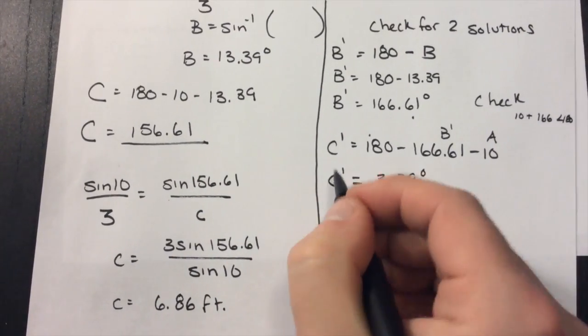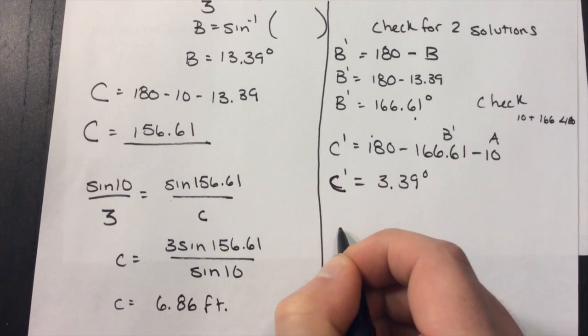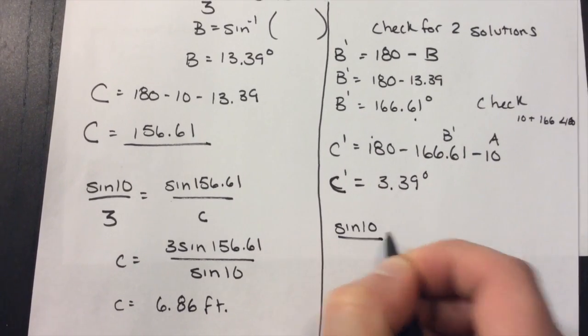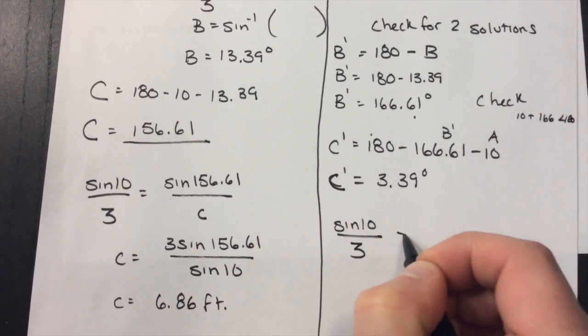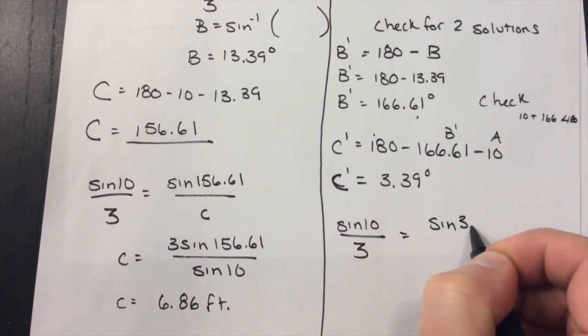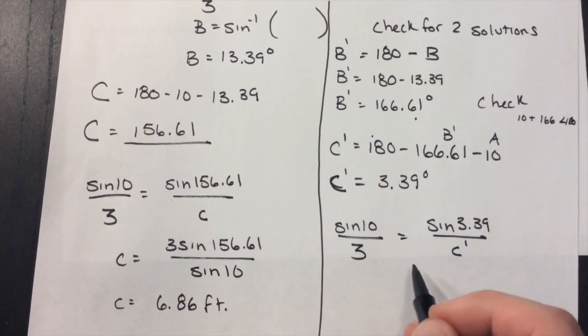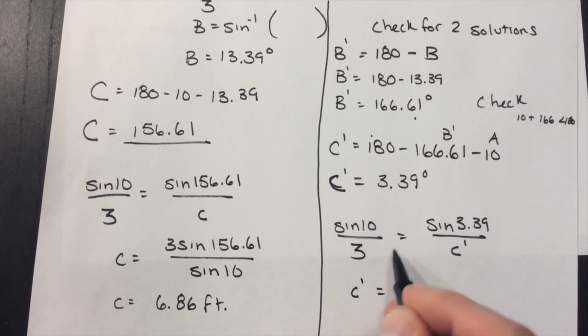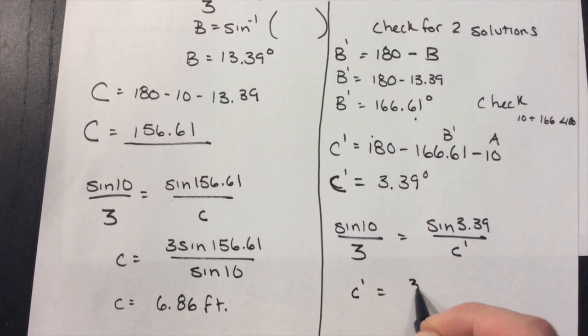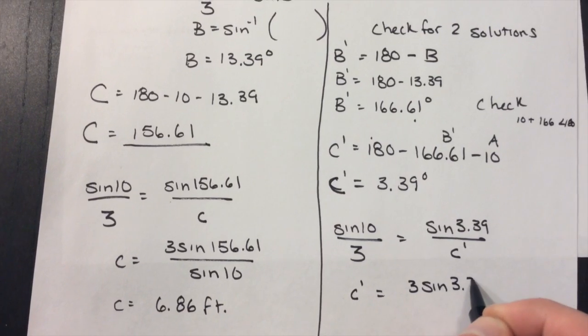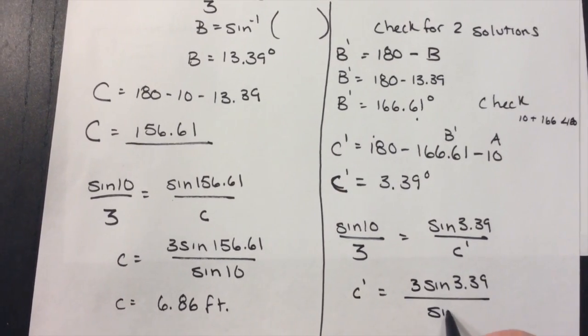If I do this for c prime, this is big C prime, so same thing, sine 10 over 3 equals sine 3.39 over, let's say, little c prime. So if I solve for little c prime, then I get 3 sine 3.39 over sine 10.